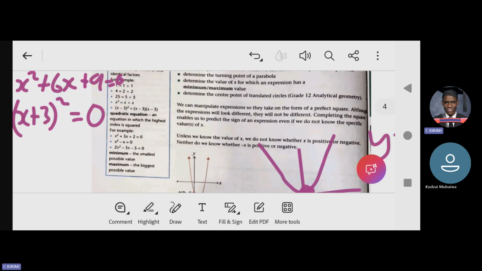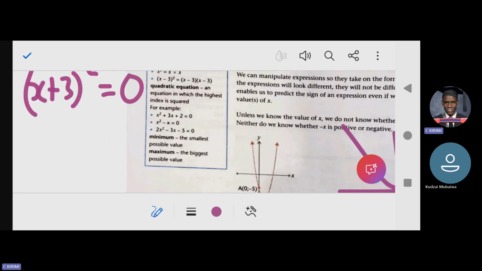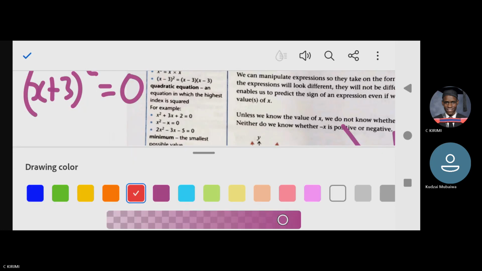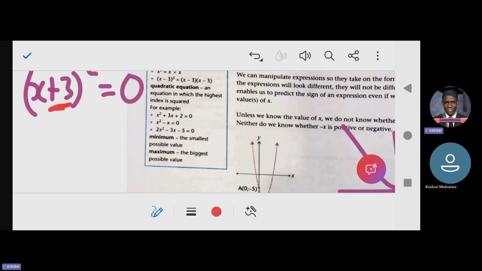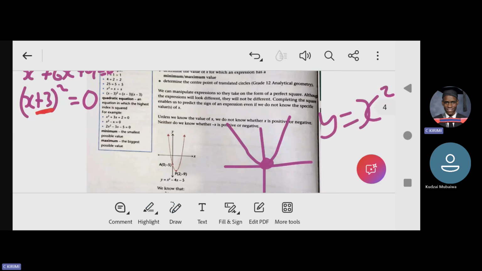In the equation, it's this sign, which is positive. So positive 3 means, under the square, remember, if it has not moved to the left, it will be x plus 0, squared.